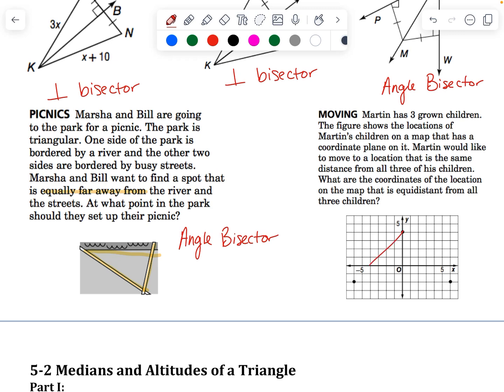And if you want to be equal distances away from three corners or three vertices, you would need to do a perpendicular bisector, because the circumcenter is going to be equidistant to the vertices.